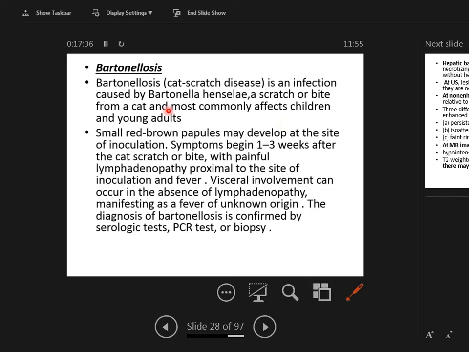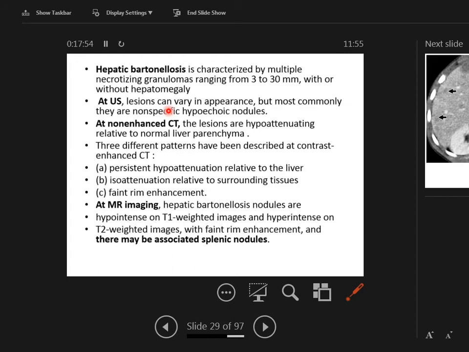Hepatic bartonellosis usually occurs in children or young adults with a history of cat scratch, presenting with the scratch and regional lymphadenopathy, sometimes constitutional symptoms of fever and pyrexia of unknown origin.